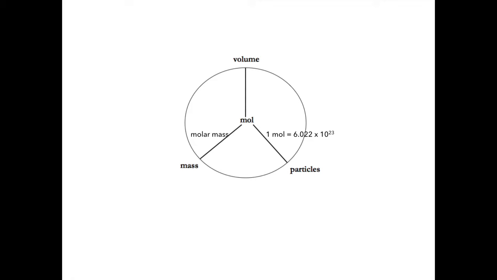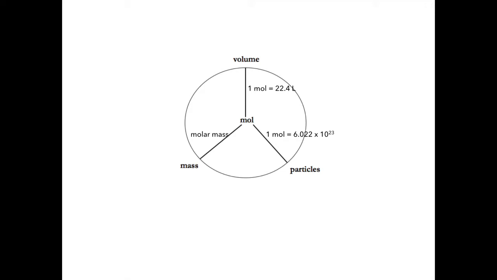Well, if you have a gas at standard temperature and pressure, we call that STP. That's a very specific temperature and a very specific pressure, okay? Then the volume of any gas is going to be the same. The volume of 1 mole of gas is going to be 22.4 liters, no matter what the identity of the gas is.